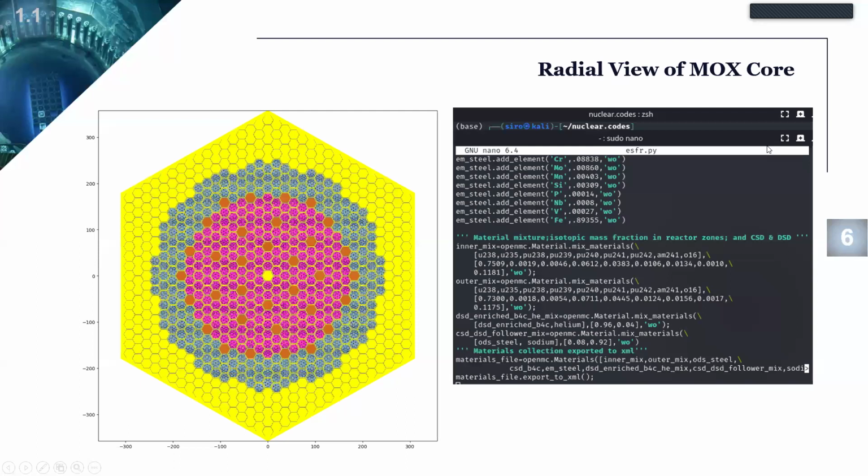MOX fuel constitutes both plutonium dioxide and uranium dioxide, and they have different enrichment levels. There's a different enrichment level for uranium dioxide in the inner zone of the fuel, and then in the outer zone there's also a different enrichment for uranium. The same is applicable for plutonium dioxide in both zones.